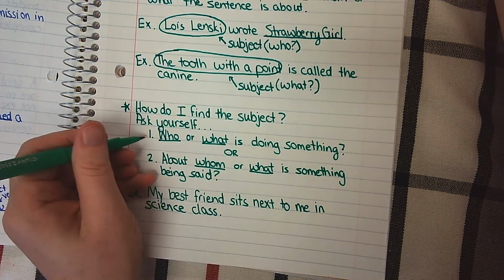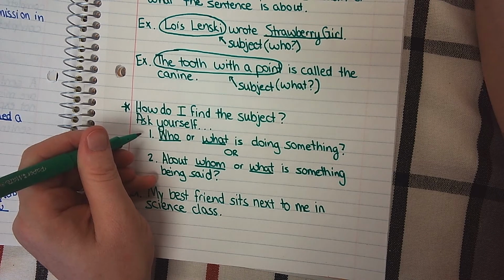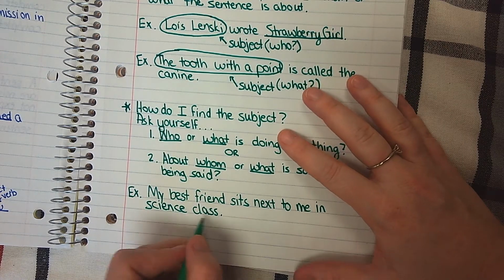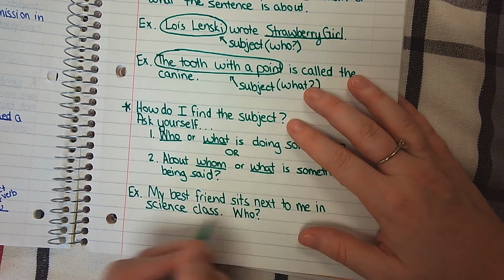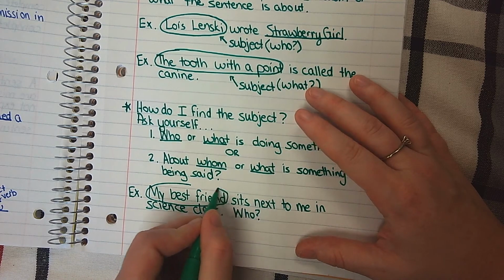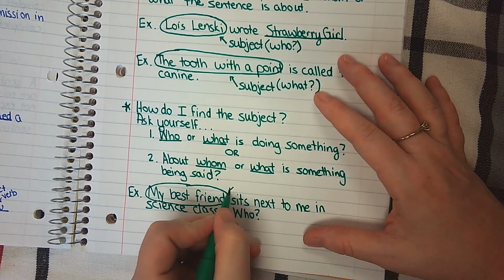So looking at these questions, look at question number 1, who or what is doing something? Well, who sits? The verb in our sentence is sitting. So who is sitting? And that would be my best friend. So because my best friend answers who is sitting, that makes that my subject.